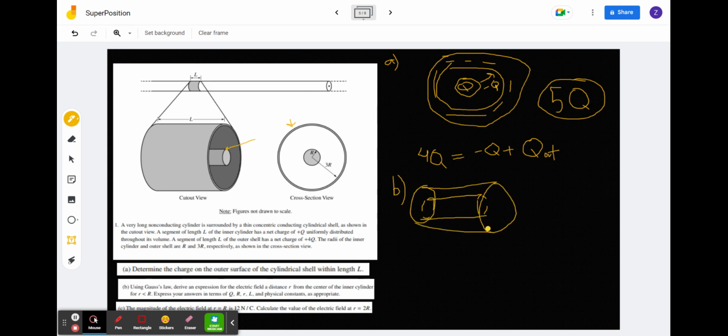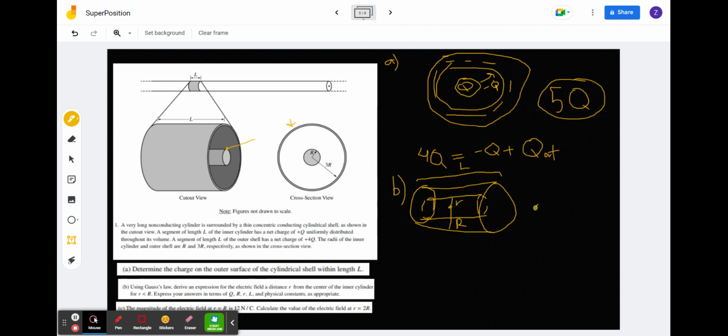So this has a radius of small r, and the outer one has a radius of big R. And both of them have a length L. So we're being asked to find the electric field.